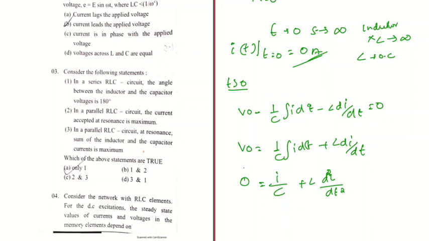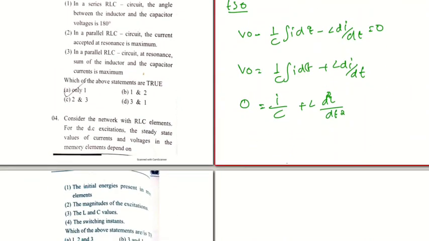Now solving this differential equation, I will get I of t equal to A cos of (1 by root LC t plus theta) ampere. This is the general equation of the current through the circuit.